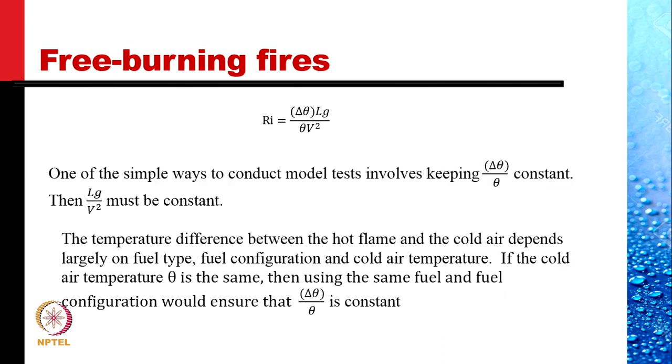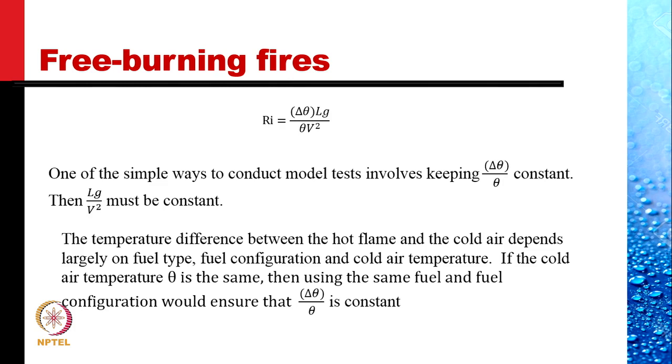Now we want to conduct tests on a small fire to model a large fire. One of the simple ways to conduct model tests involves keeping delta theta by theta a constant. And if we can keep delta theta by theta as a constant, then Lg by V square is a constant.